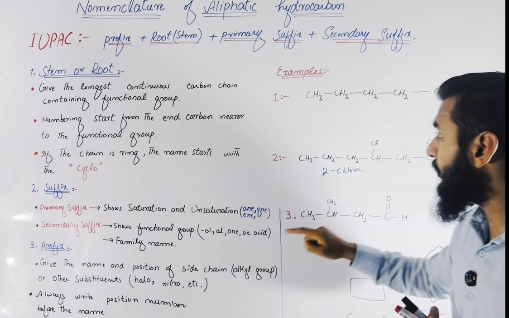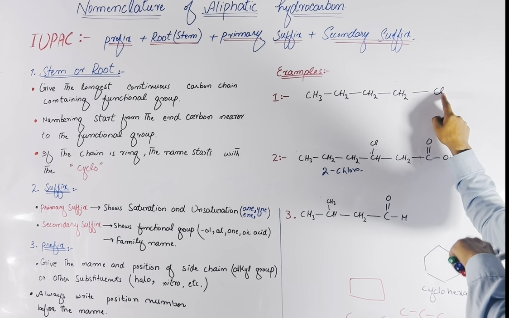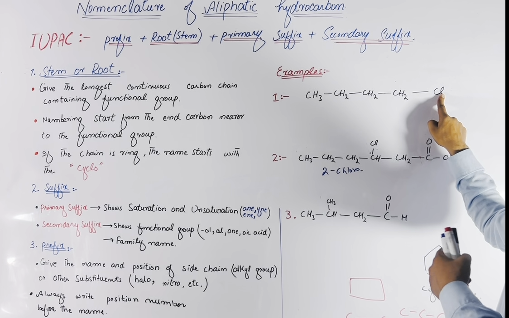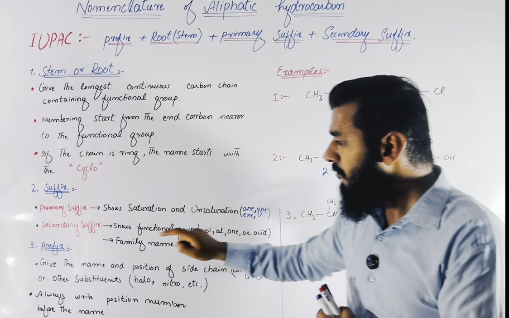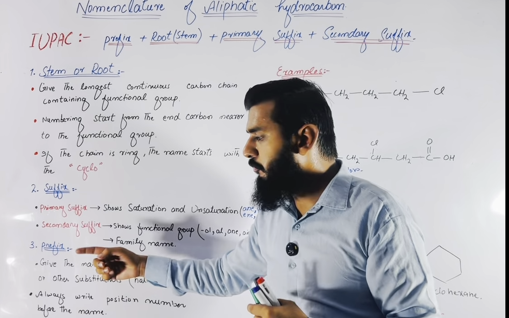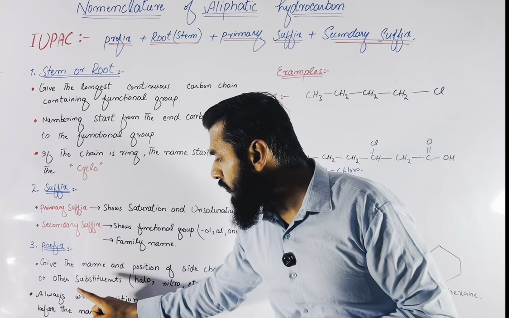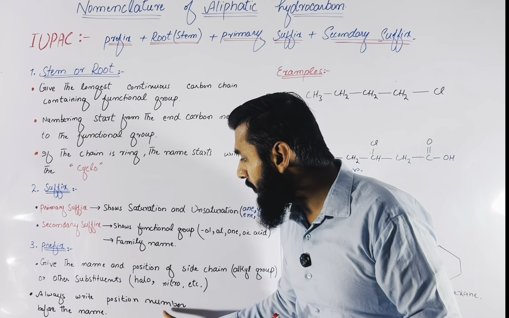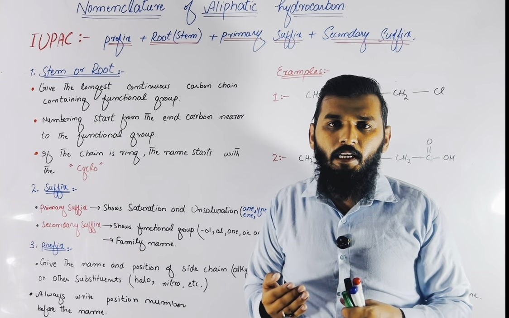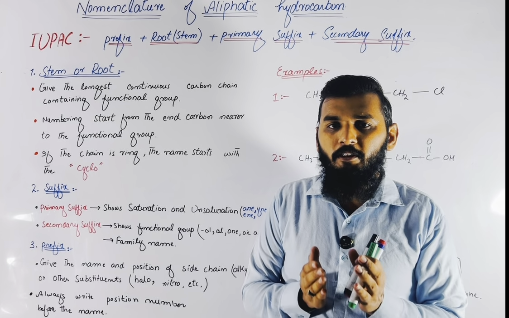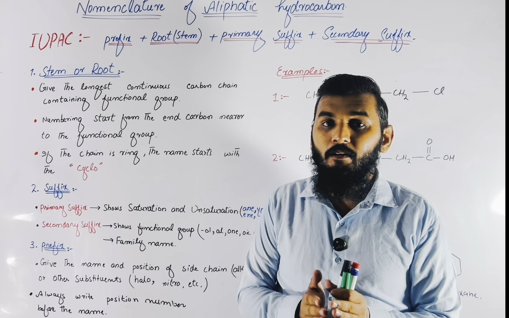Prefix gives the information about the chlorine or functional group, and also gives the name and position. This is all about prefix. And the second point, always write the position number before the name. When you are writing the IUPAC name of an organic compound, keep it in your mind: first of all, you will write the position numbers.